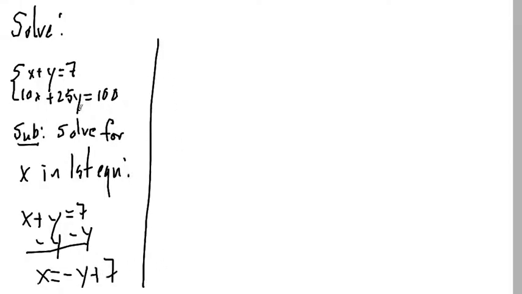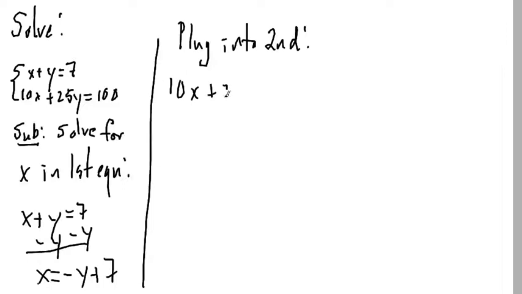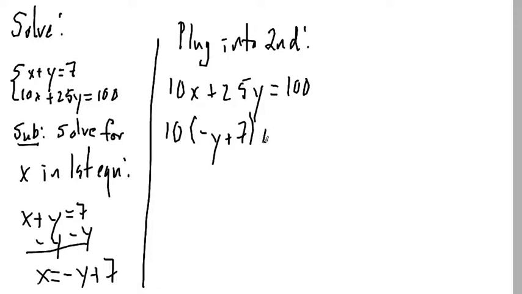Now I'm going to plug that into our second equation. This is the substitution step, so we're going to plug this into the second equation. And so since 10x plus 25y is equal to 100, then I have 10 times negative y plus 7, plus 25y is equal to 100.